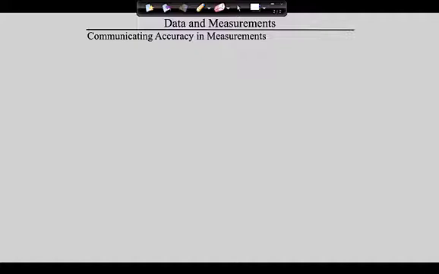So guys, when we make measurements in lab, we want to communicate to our readers how accurate our data is. But unfortunately, we don't get to write a sentence that says our table is 70.3 centimeters tall, and I'm really, really sure it's right. So how do we communicate to the world that our data is accurate?